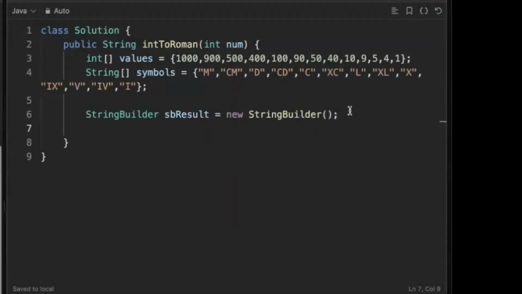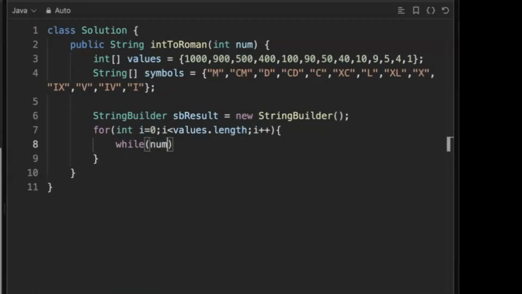Now the number in our consideration needs to be subtracted continuously by the value when the number is greater than the value, and the value has to be iterated from the highest number to the lowest. While we are subtracting, we can continuously add the symbols which come our way, and that would finally give us the result. So let's try to write that code.